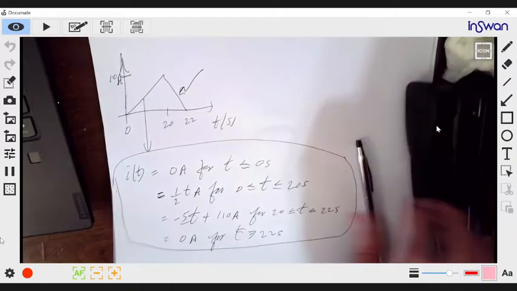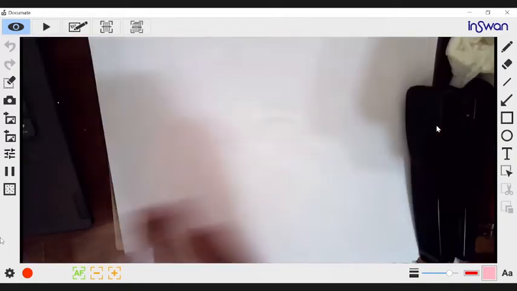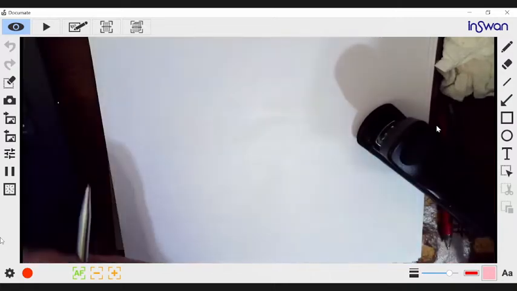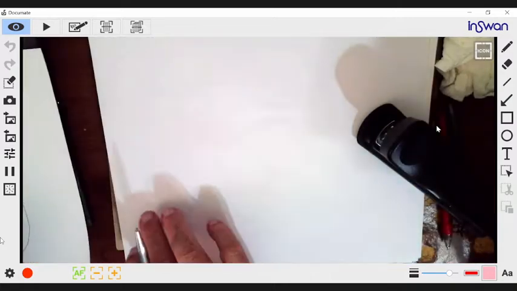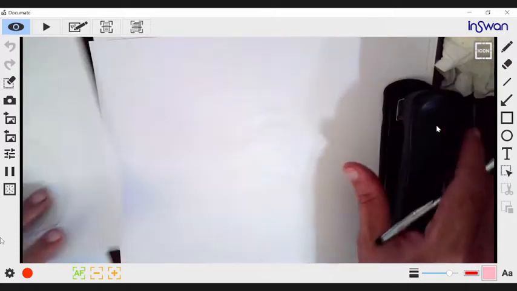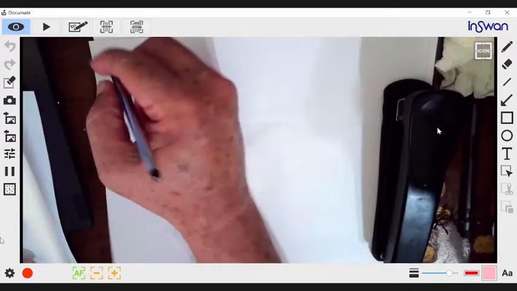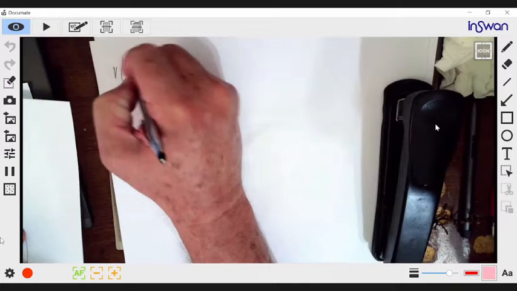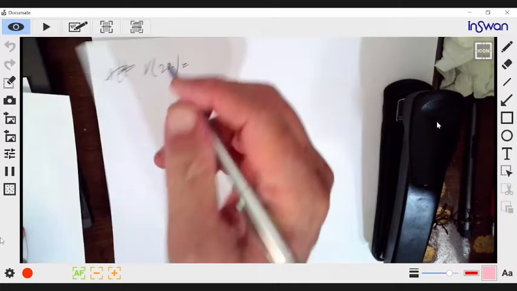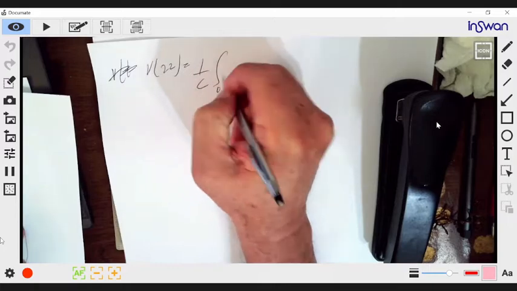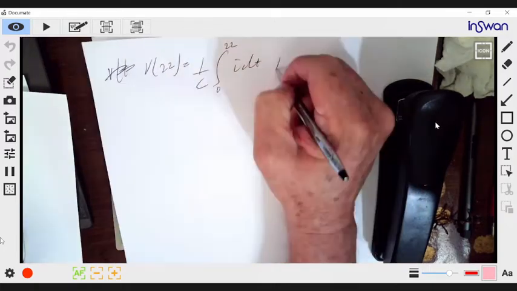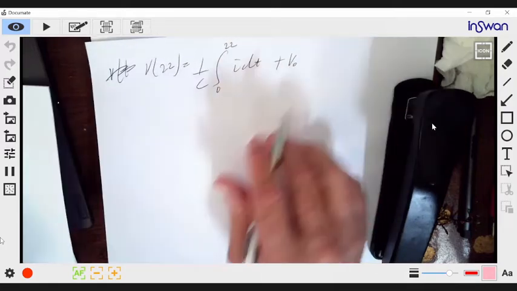Now, let's do that same problem over, but the calculus way. So, v of 22 equals 1 over c, integral from 0 to 22 of I dt plus v of 0.